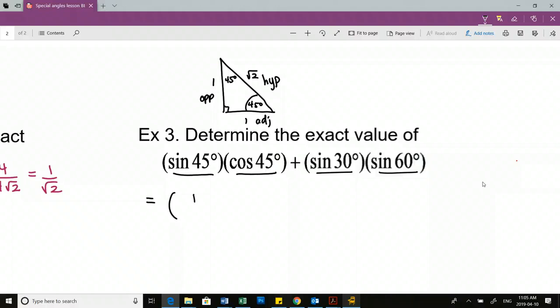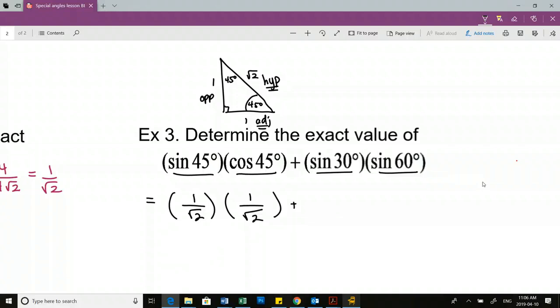And I would replace the sine of 45 with its exact value, which is 1 over root 2. Okay, and then I would look again at my 45, 45, 90 triangle, and I would say, okay, what is the cosine of 45? Well, cosine is equal to adjacent over hypotenuse. So the cos of 45 is equal to 1 over root 2 again.